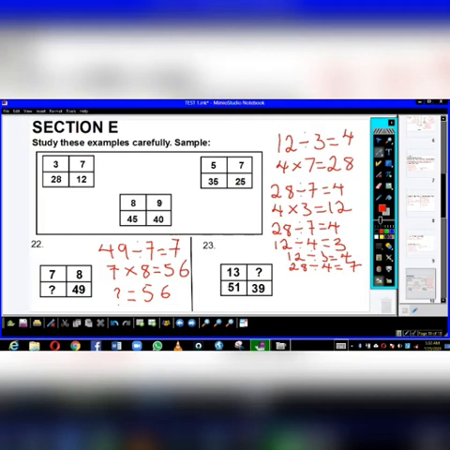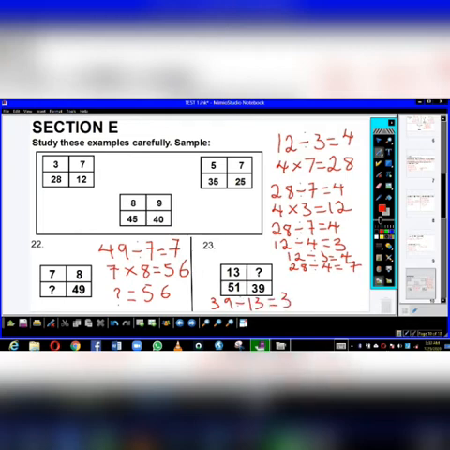Okay, how do we find the value of the missing number in number 23? Simple. 39 divided by 13 is equals to 3.